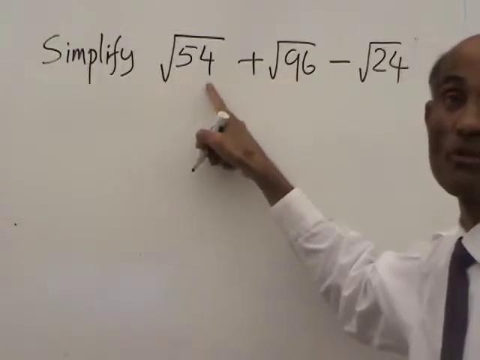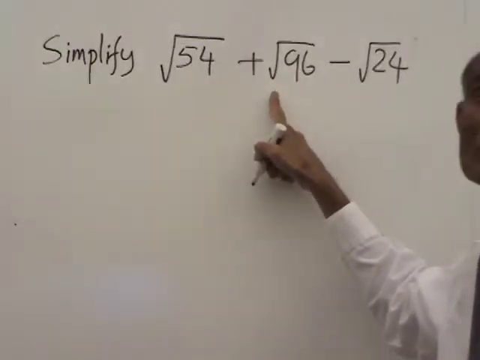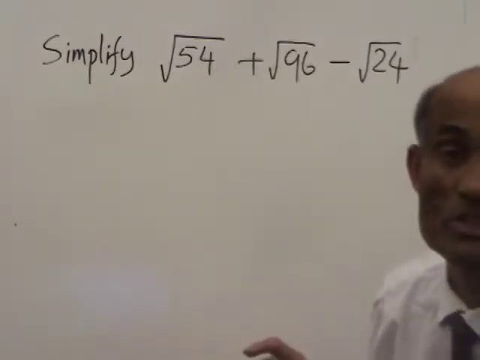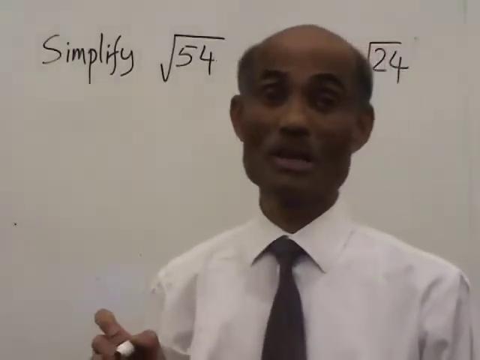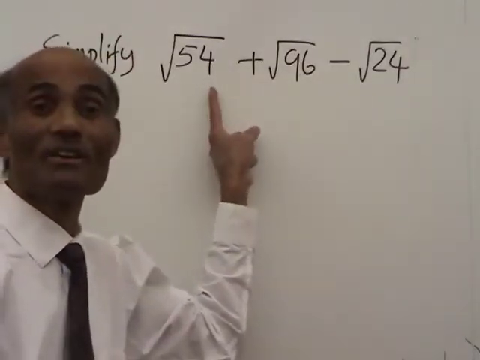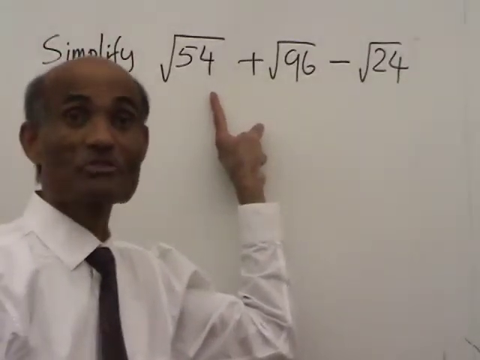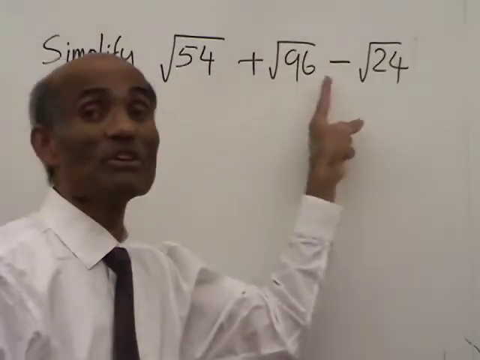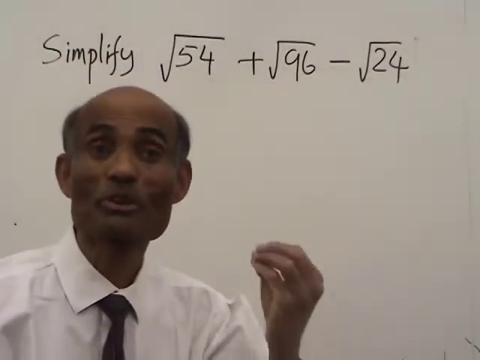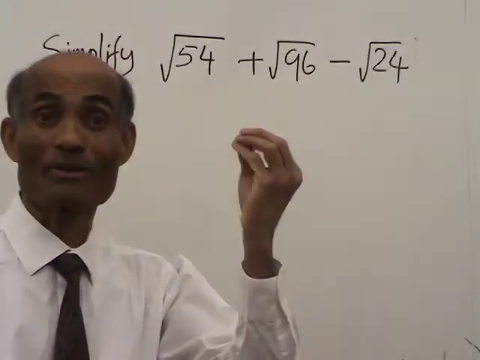Square root of 54 plus square root of 96 minus square root of 24. Well, to simplify each of these radical expressions, we need to write each of these as the product of the highest perfect square and another number.